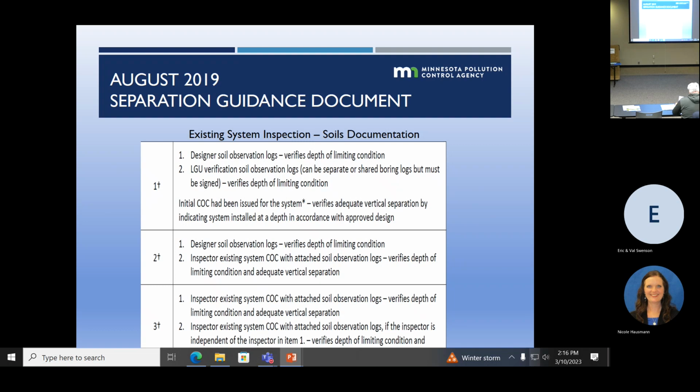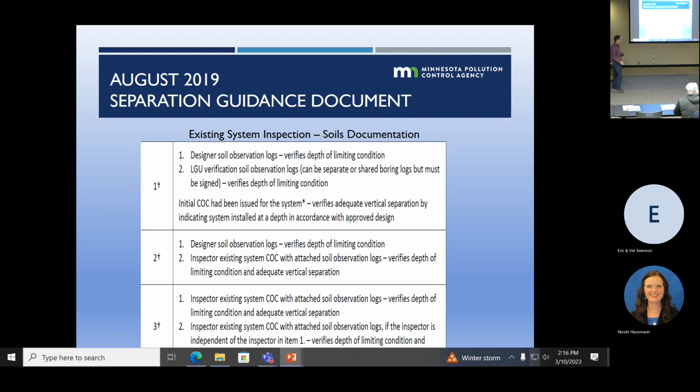Because people weren't really understanding it as well as they should have. And I'll be honest, I didn't fully understand it. So this document exists because a lot of people didn't fully understand it, would be my educated guess. It was well underway by the time I came over to the state.